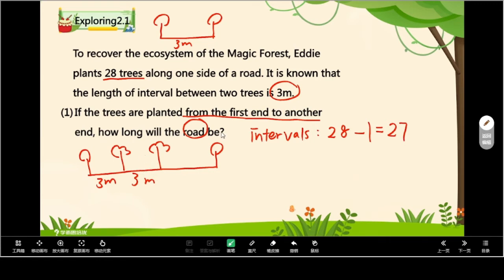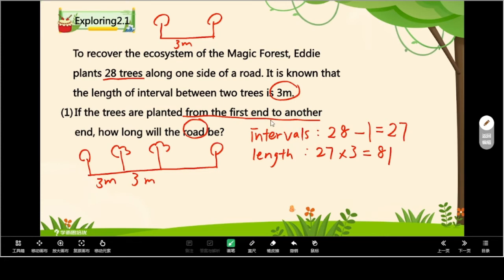So how long will the road be? The length is 27 times 3 equals to, calculate it yourself, 81. Very good. So we can conclude that if we need to find the total length of the road, we also need to find the number of intervals first.